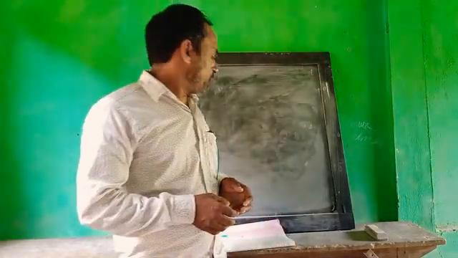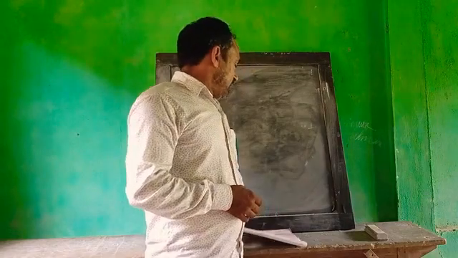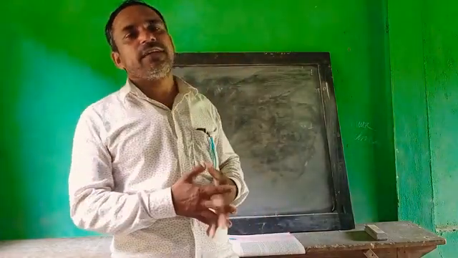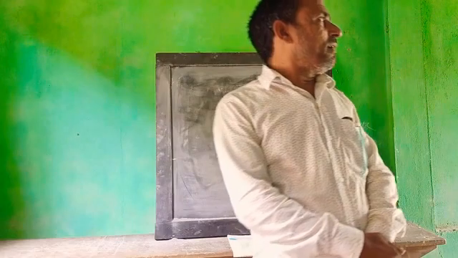The ideals of the constitution will be discussed. What type of constitution did the makers of the Indian constitution give to India? They have given a constitution which is very idealist.